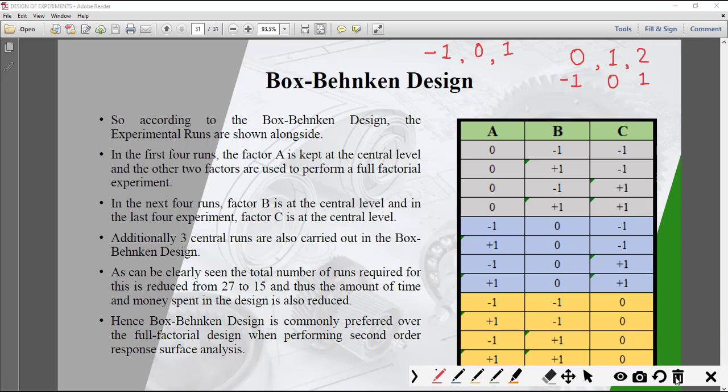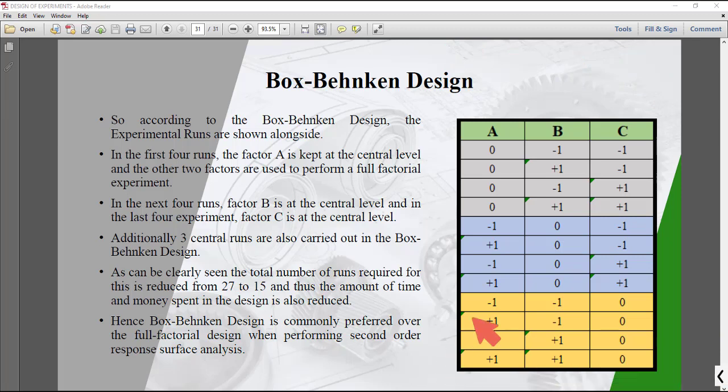So if I had to perform a 3 raised to 3 full factorial experiment, there would have been 27 runs, right? I would have written like this: -1, 0, 1, -1, 0, 1. Here I would have written -1, -1, -1, 0, 0, 0, 1, 1, 1, and then here -1, -1, -1, 9 times, right? This all has been explained to you, right?